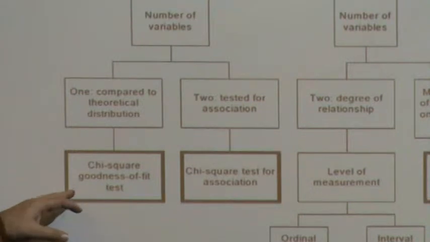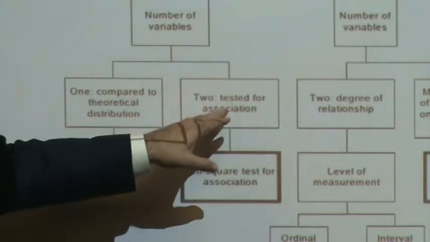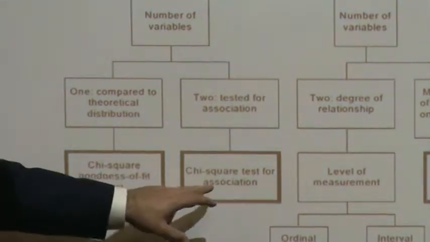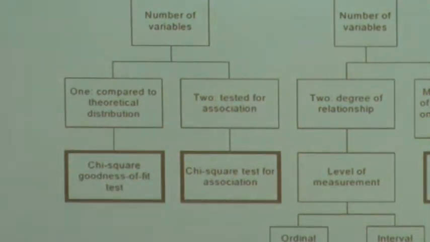That's what the chi-square goodness of fit test does. If you have two variables, then that's a test for association between the variables, and that's when you would use a chi-square test for association.